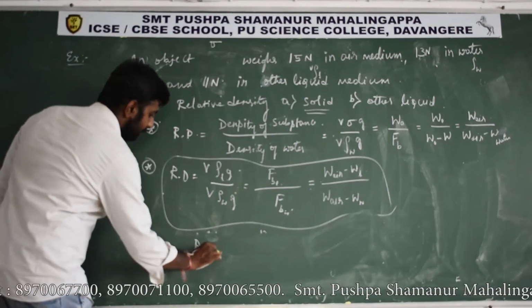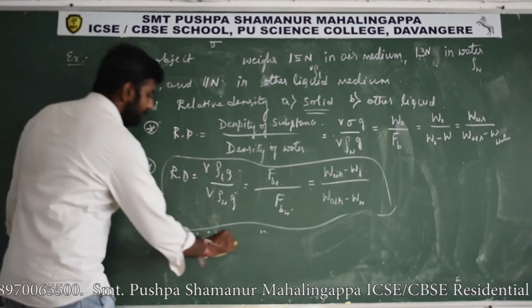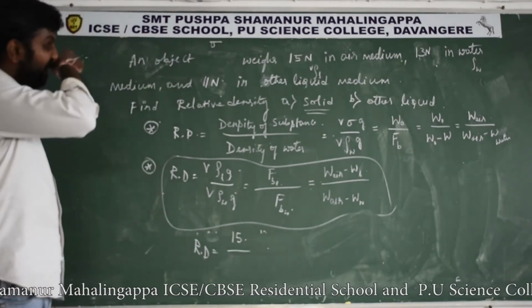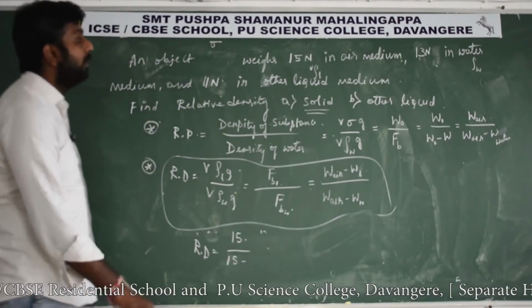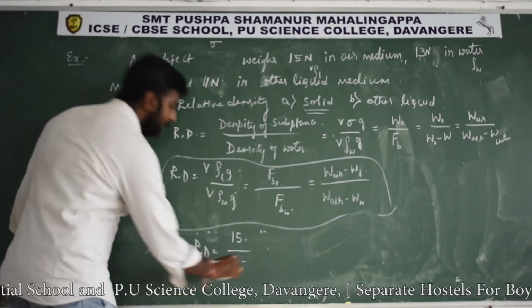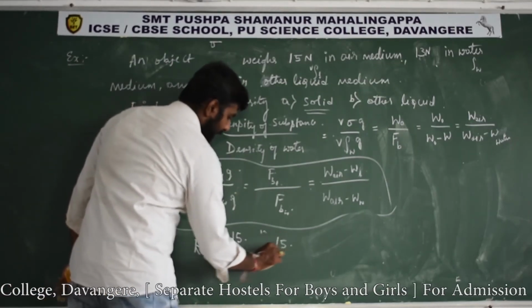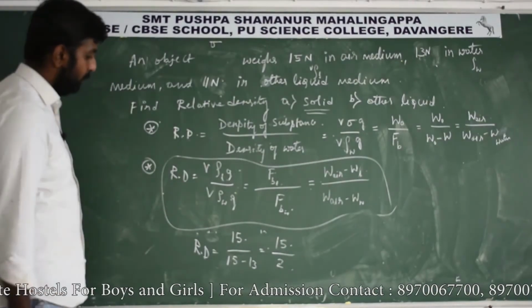First, to find the relative density of the solid, which formula will you use? Relative density is equal to weight in air medium, 15 Newton, divided by 15 minus weight in water medium, 13 Newton. This is 15 by 2.